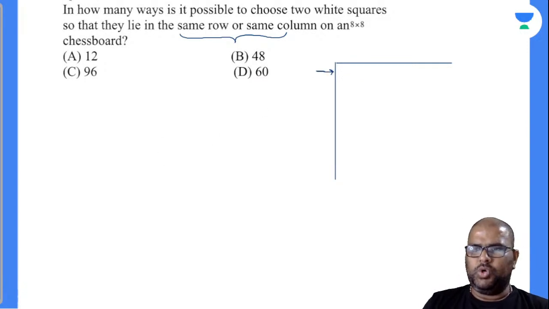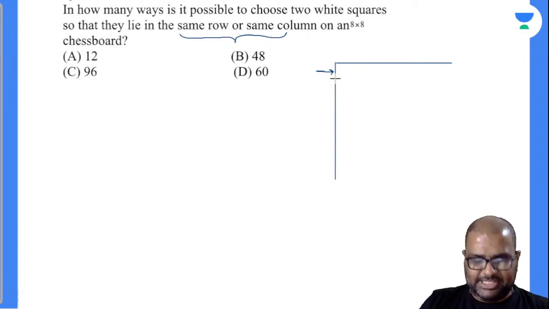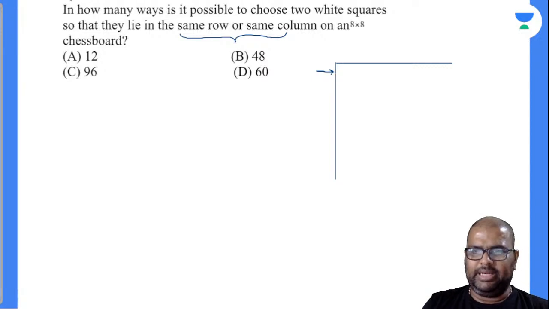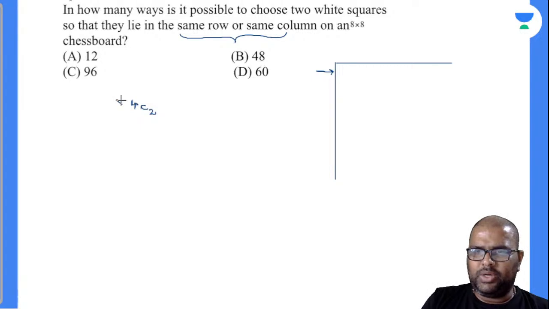There will be 8 squares, out of that 4 will be white. So I can select 2 out of 4. How many rows are possible like this? 8 rows. So it is 8 into 4C2, that is 48. So this I am writing down for rows.